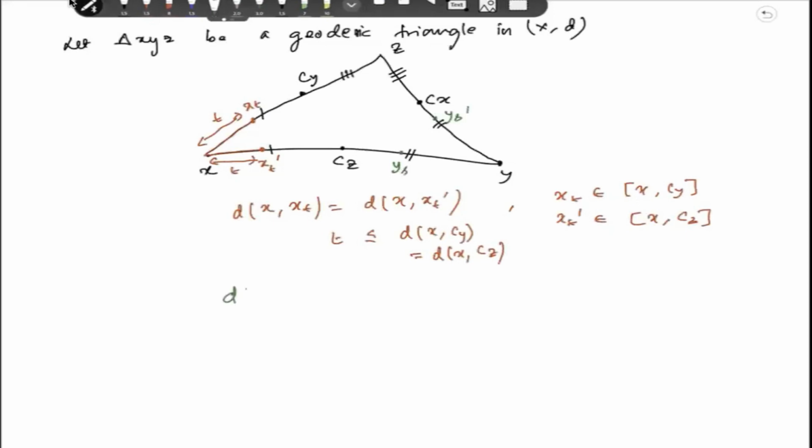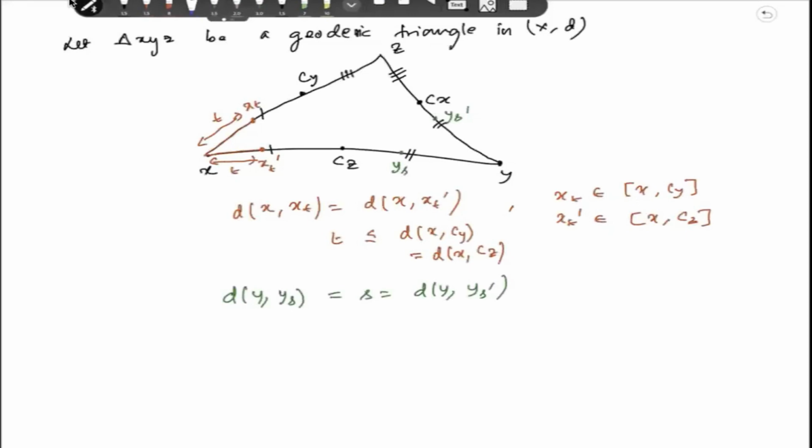So the distance between Y and Ys is equal to s, is equal to the distance between Y and Ys prime. Ys lies in the geodesic joining Y and Cz, and Ys prime lies in the geodesic joining Y and Cx, and s will be less than or equal to the distance between Y and Cz.